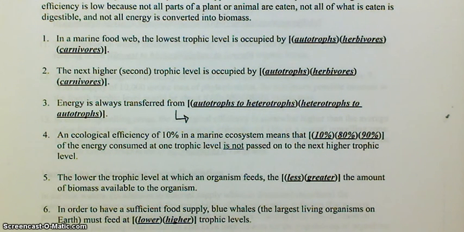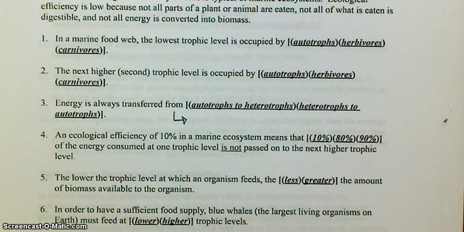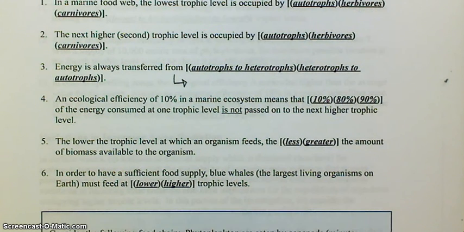Think about the chicken. 20 pounds of chicken feed to make a 2-pound chicken. Only 10% of the 20 pounds made it to the next level, 2. Okay, so that's a 10% efficiency. So 10% is the part that is passed on. So what is not passed on is the other 90%. Okay.